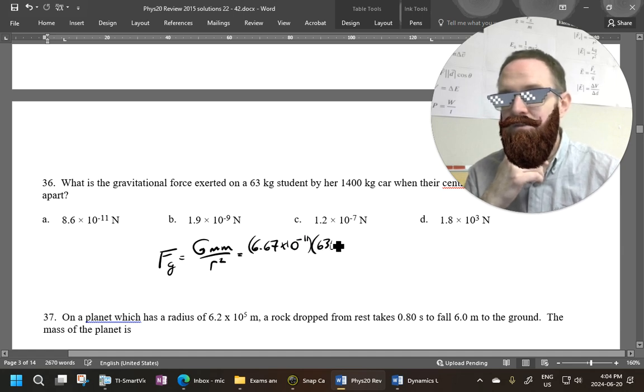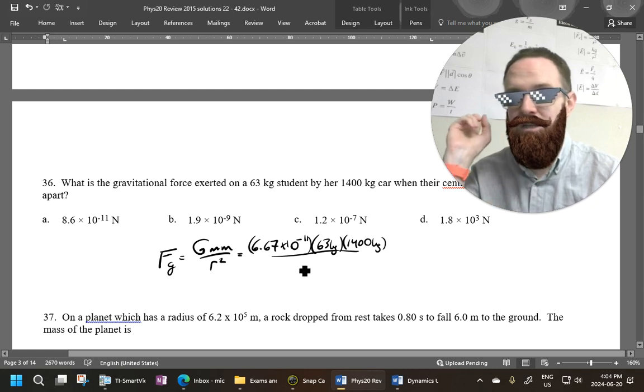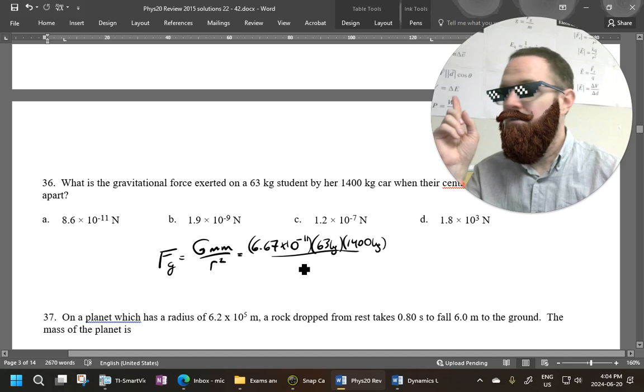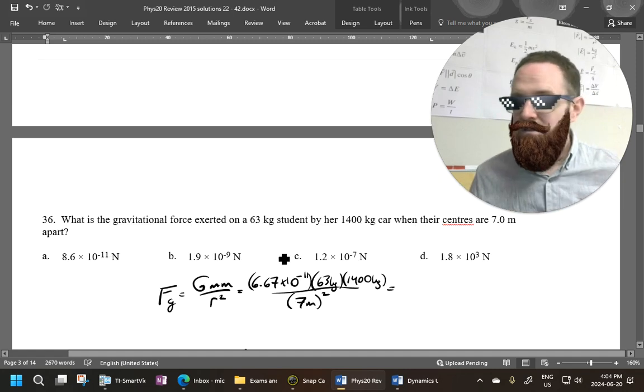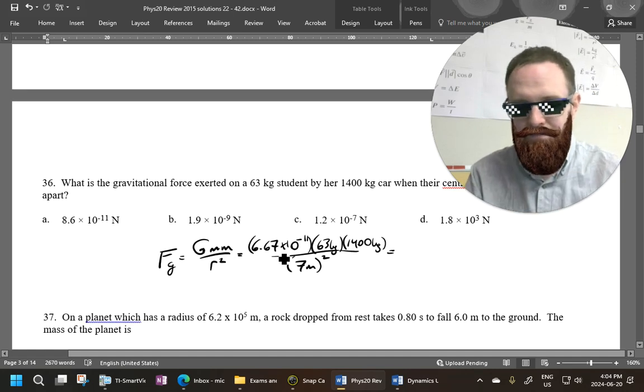We've got 63 kilograms. We've got 1,400 kilograms. Kilograms are what we need. You look at the units of G, they're in kilograms. And they are 7 meters apart, squared. So probably one of these answers is if you forget to square that number. Okay, let's see.